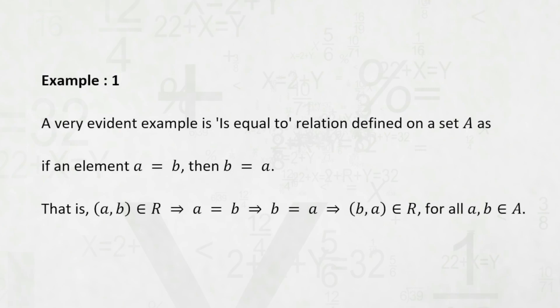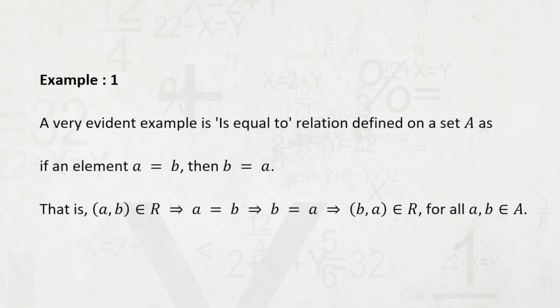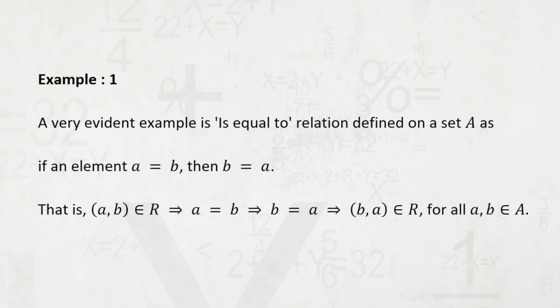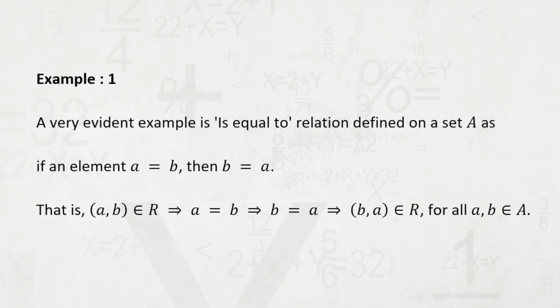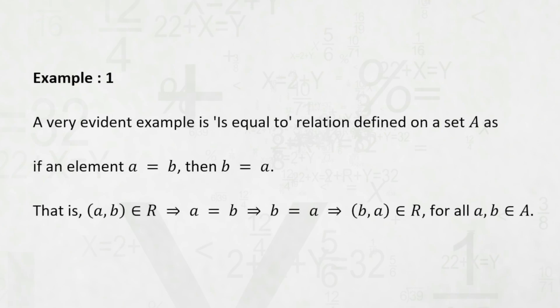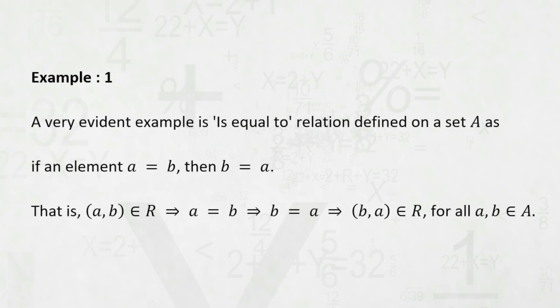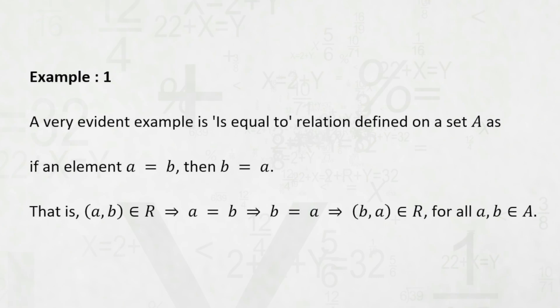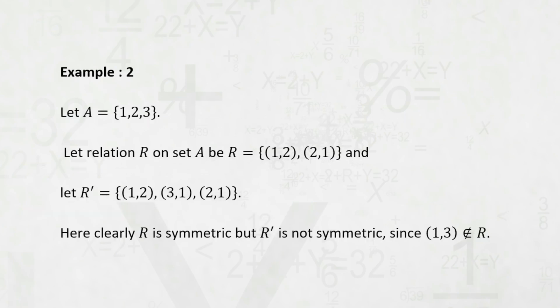That is, the ordered pair (a, b) belongs to R implies a is equal to b, which implies b is equal to a, which implies the ordered pair (b, a) belongs to R for all a, b belongs to A.